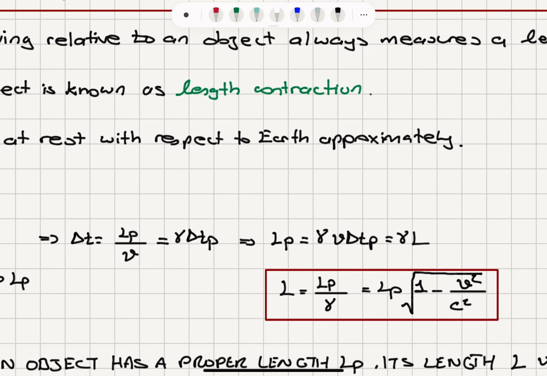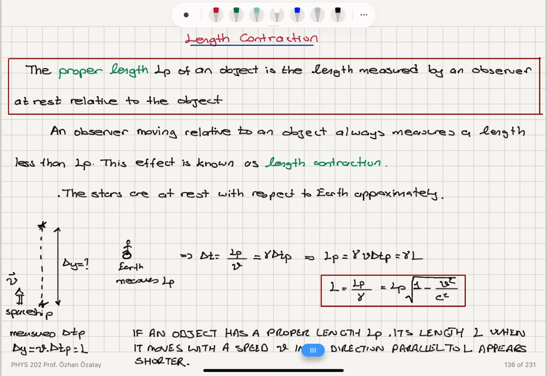Remember, gamma is greater than or equal to 1. So gamma is 1 over square root of 1 minus v square over c square. So if we substitute here, it will be the proper length multiplied by square root of 1 minus v square over c square. So the length measured by the spaceship observer is less than the proper length between the two stars, the proper distance between the two stars.